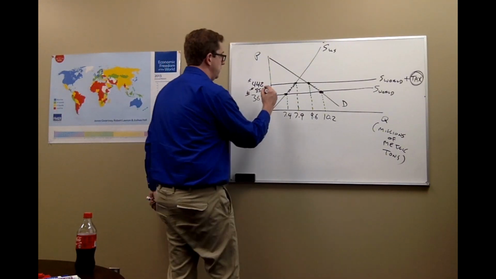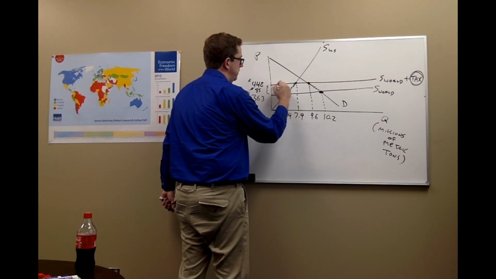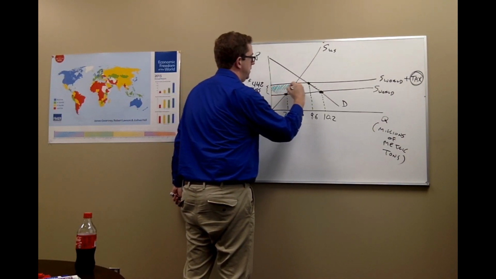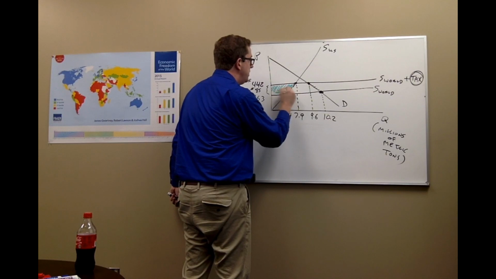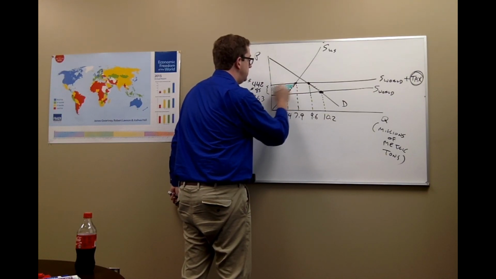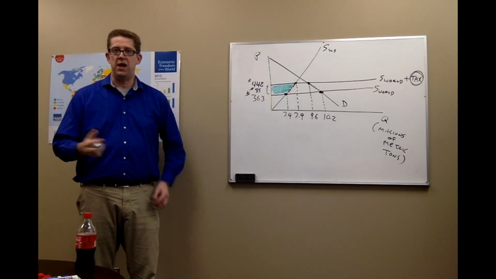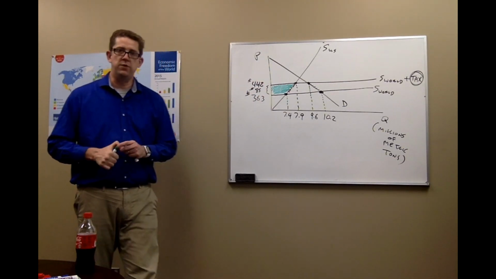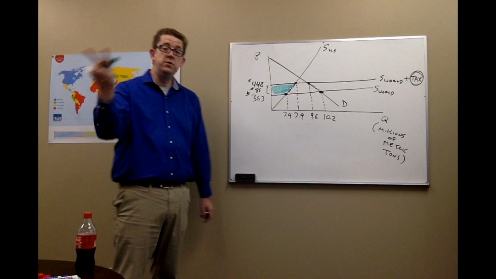Steel producers are going to see an increase in their gains from trade equal to the area of that trapezoid there. How do we know that? Well, they're doing two things.